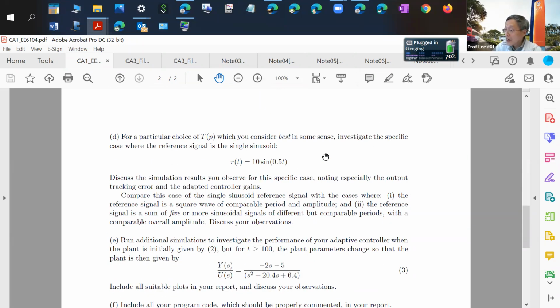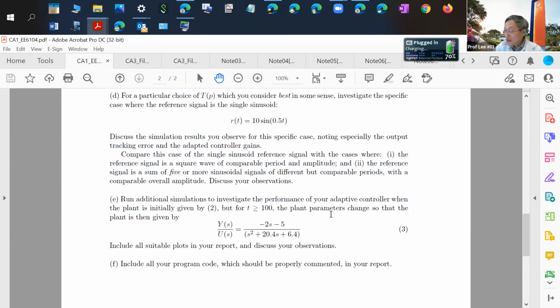Then put in some reference signal, which is like this, and see what happens. It's actually quite exciting because you really see what we developed in theory actually happening. Then of course, for 6104, I go on to say, can you explore more? And as you explore more, it's not just doing more, as I said in class.